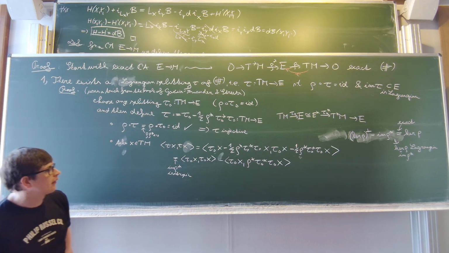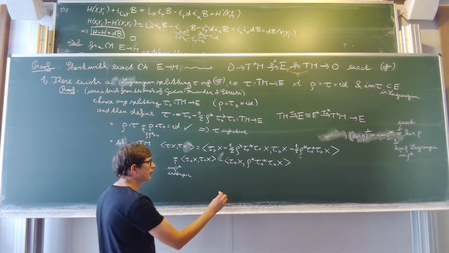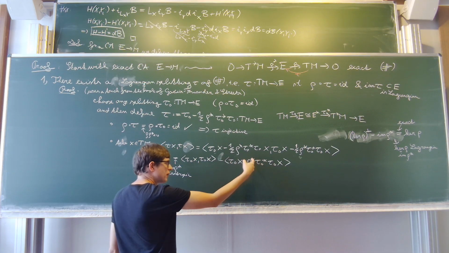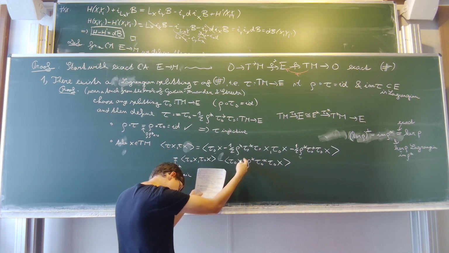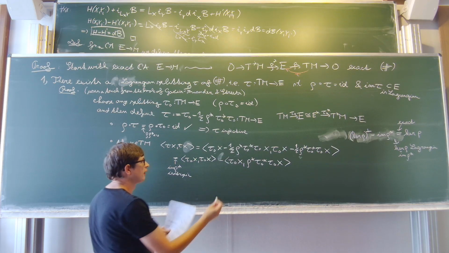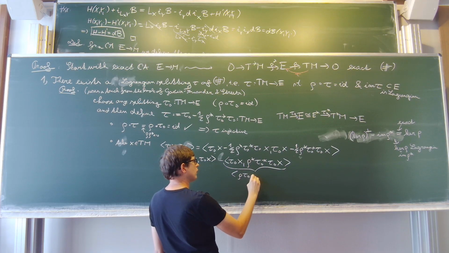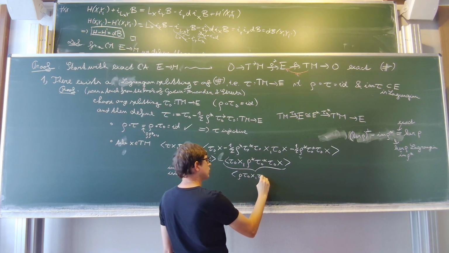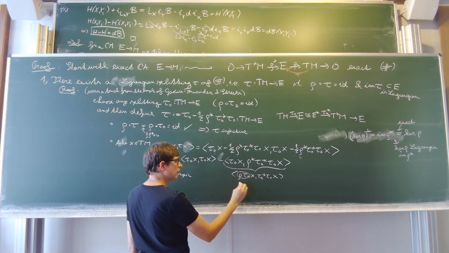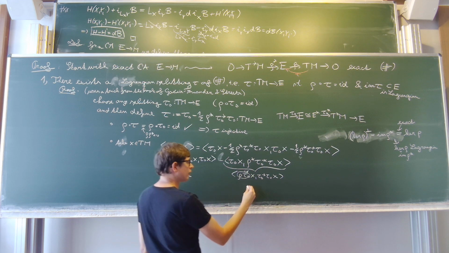Okay, and now the only thing that I'm not going to do, and it's a bit of an abuse of notation, but it's true if you check the details, is that I'm just going to move this rho. This is really the dual or adjoint or transpose map, so I can just move it here and remove the star. So this is the same as rho on tau 0 x paired with tau 0 star tau 0 x. But this is identity, right? I can kill it, and then I can move the tau here.